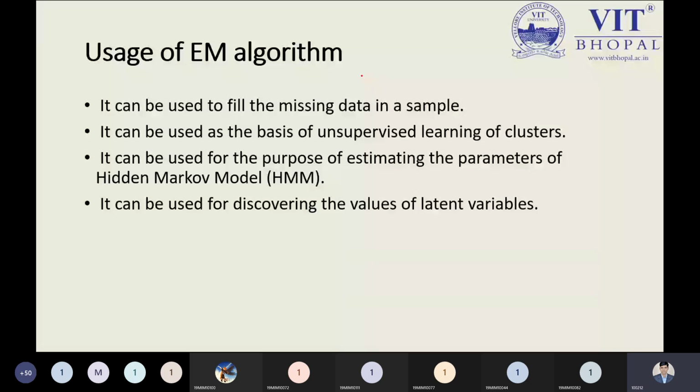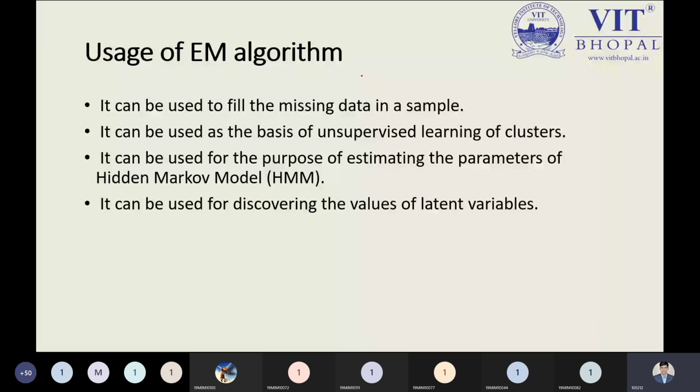Markov is the name of the mathematician who proposed this model. And this model, if you remember, requires data for classification. In the unsupervised learning portion, PCA, that is principal component analysis, SVD, and K-means clustering are examples.